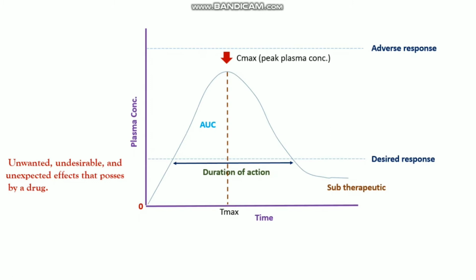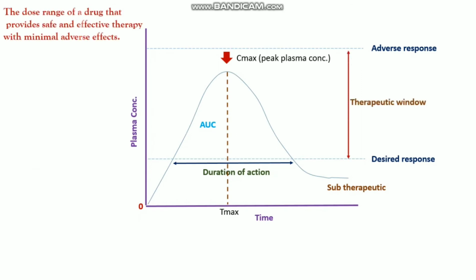So next is the therapeutic window. As I said earlier, there is the minimum effective concentration and the maximum effective concentration. So when you draw a line here, it is known as the therapeutic window. So mainly this is the dose range of a drug that provides safe and effective therapy with minimal adverse effects.